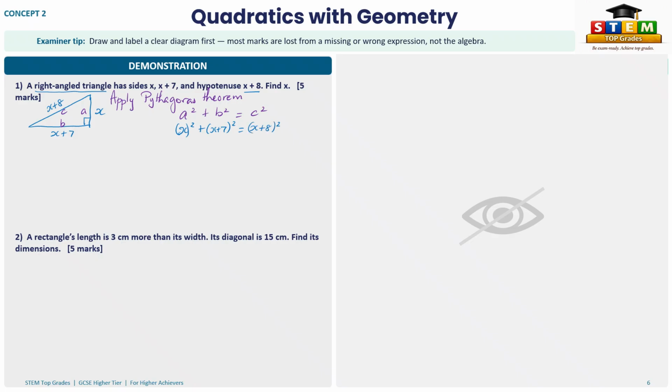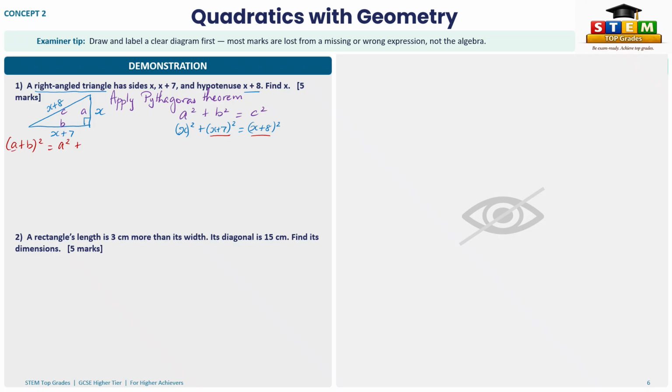Now, I'll give you a tip on how to do this one, because you will see that we're going to have to expand two square brackets. So I'll give you a shortcut here, a plus b to the power of 2. This is what we call an identity.